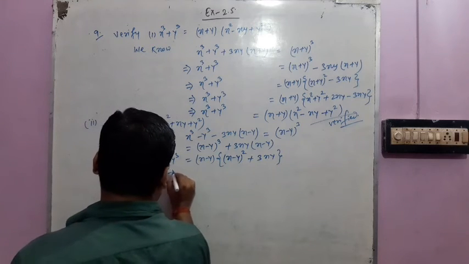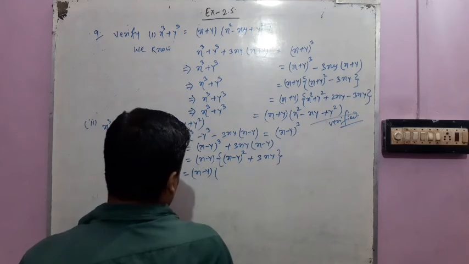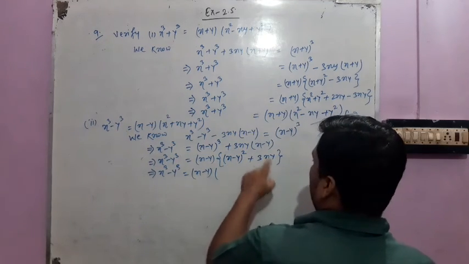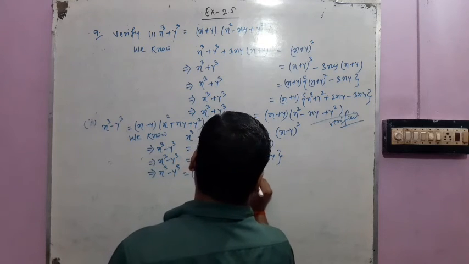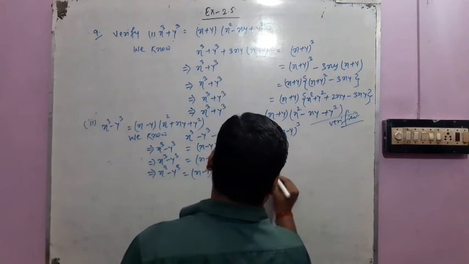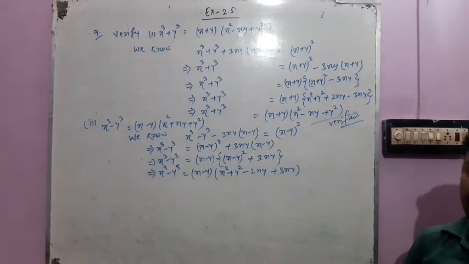So x cube minus y cube is equal to (x minus y) into, and when we expand the square of (x minus y), it will be x square plus y square minus 2xy, and here it is plus 3xy. Okay students, no confusion, I hope.